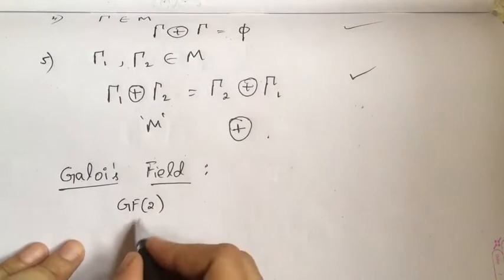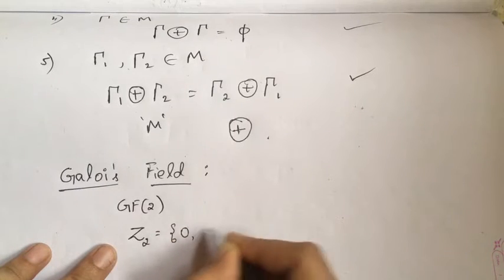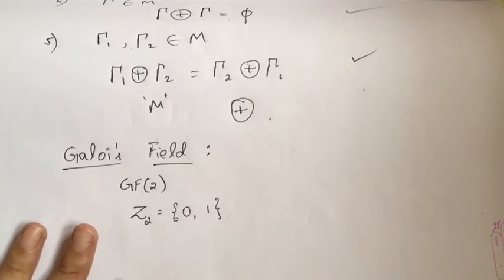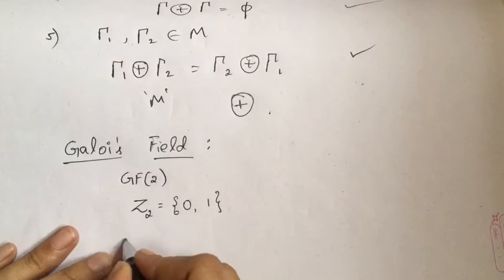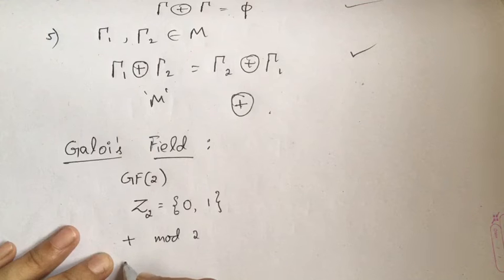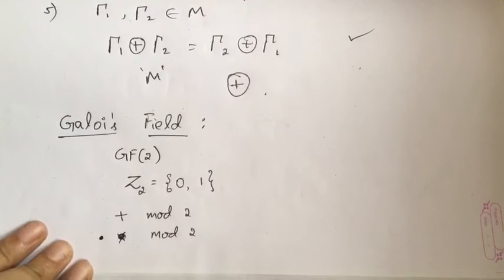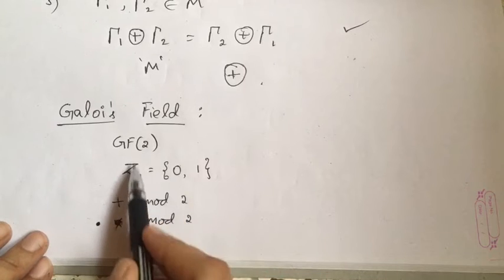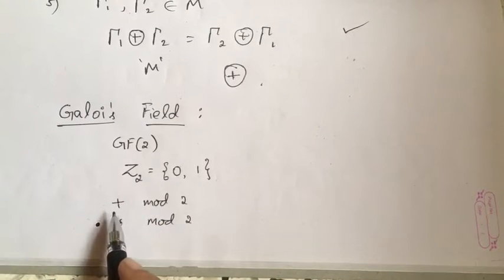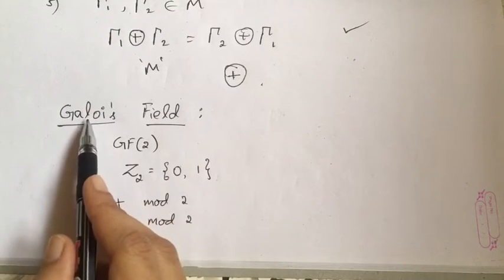In fact, when I take set Z2, which has numbers 0, 1 in the set, it forms a field with respect to addition mod 2 and multiplication mod 2. This multiplication is usually denoted by dot. This field is called Galois field.